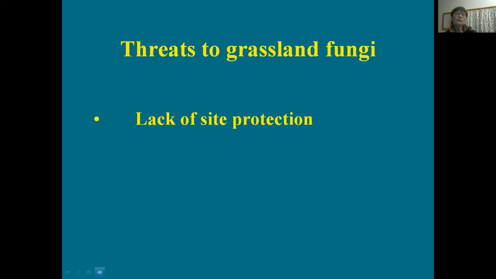And it's led to a lack of site protection. So our sites of special scientific interest, our suite of SSSIs, if we look at lichens in Scotland, there are over 70 sites that have lichens notified in their citation. So over 70 SSSIs with lichens getting protection.